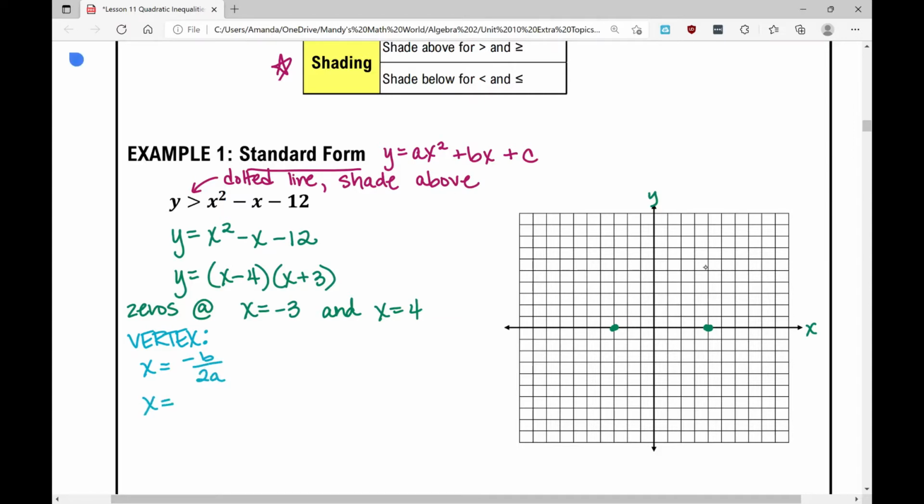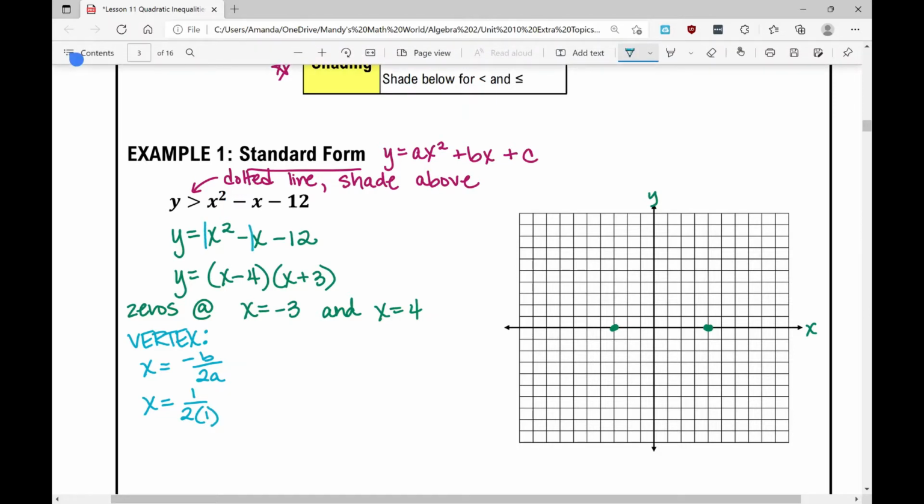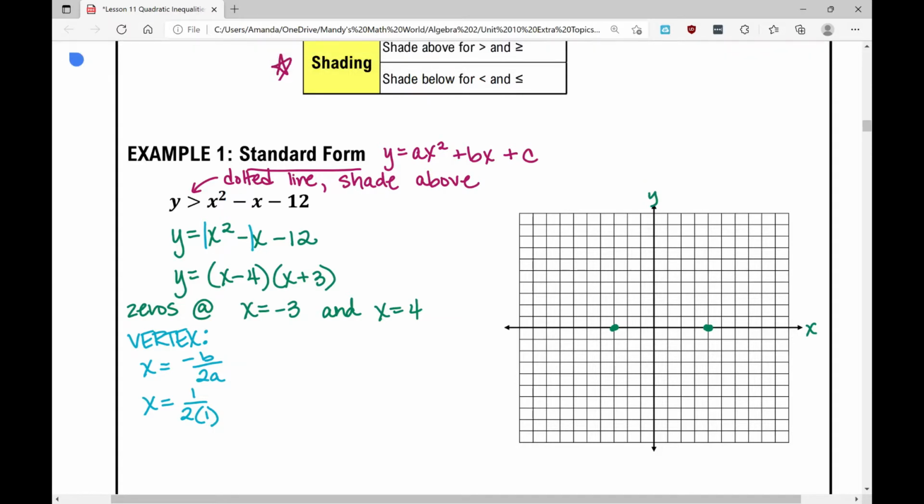That's that formula. X equals negative b, that's going to be positive 1, over 2a, which is 2 times 1, right? So 1 is A, negative 1 is B, negative 12 is C. So that's 1/2. That's the x value of my vertex.